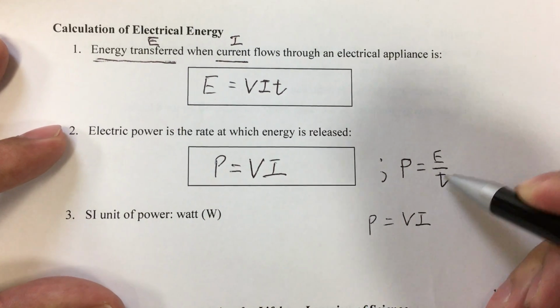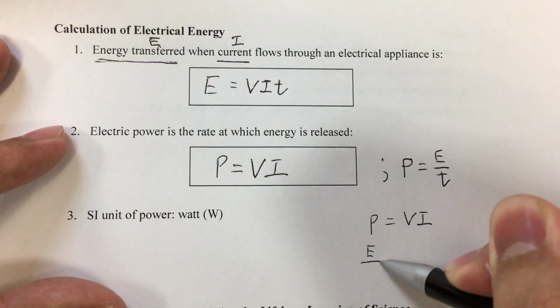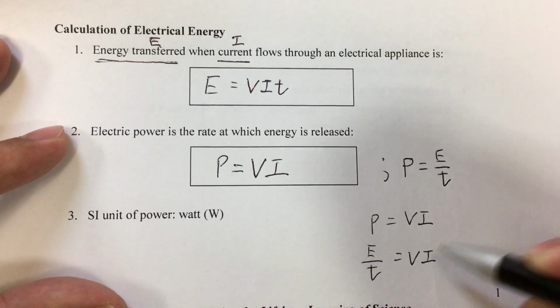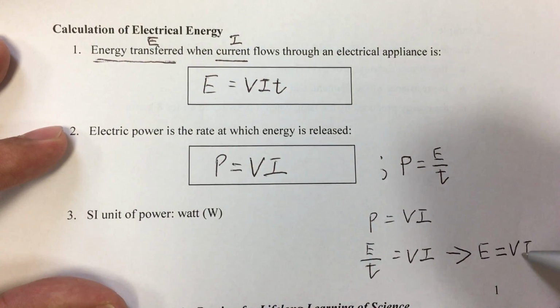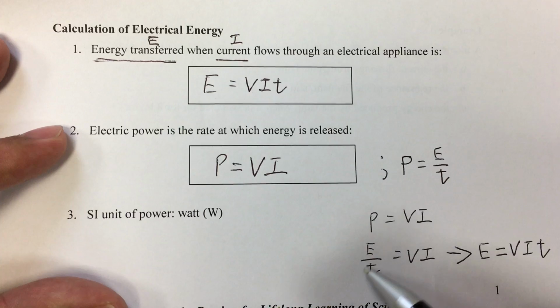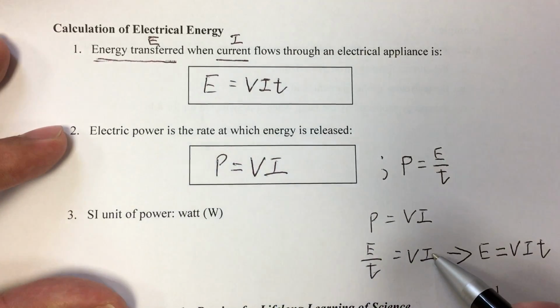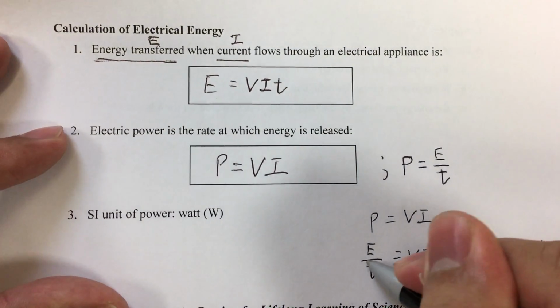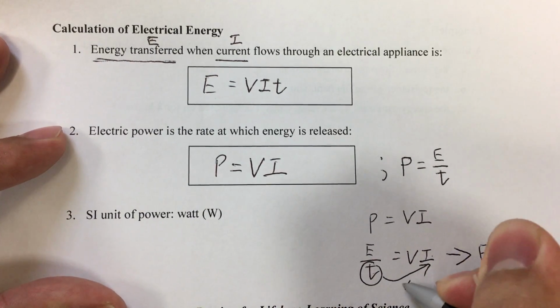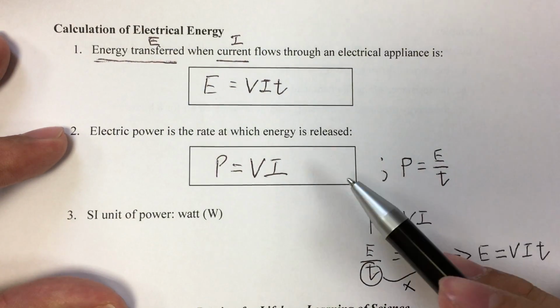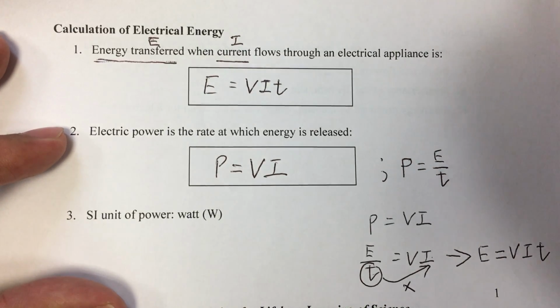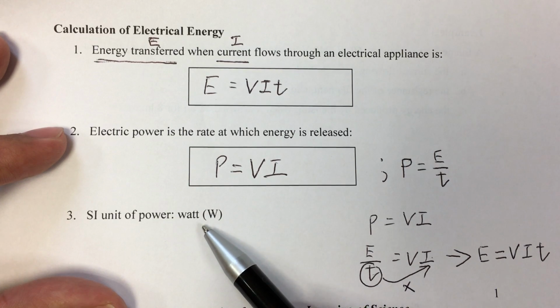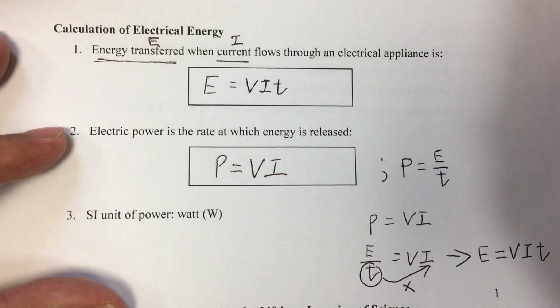Substitute this formula over here, you get energy divided by time equals VI, which will give you energy equals VIT when the time is brought over to this side. Cross multiply. So with these two formulas, you can actually get this top formula again. Now take note, the SI unit for power is watts, capital W for the symbol.